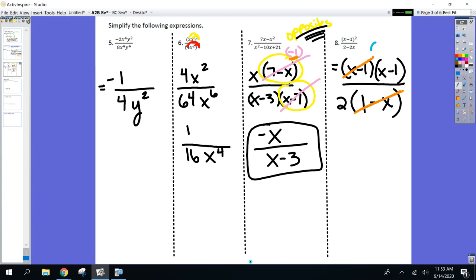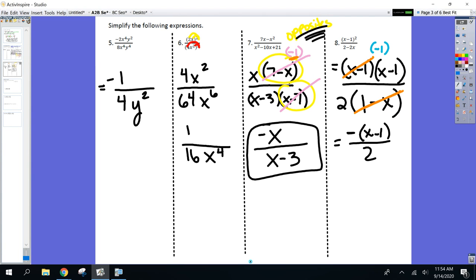Top. Okay. Some of you might want to put it on the bottom. That's fine too. So what are we left with? -1 times x minus 1 over 2. Some of you may have that negative on the 2 on the bottom. That's fine. Leave it there.